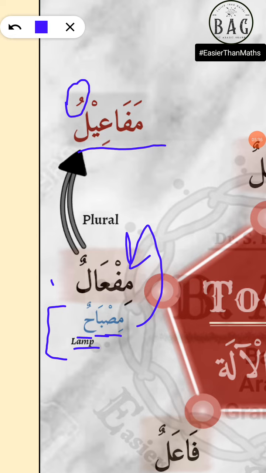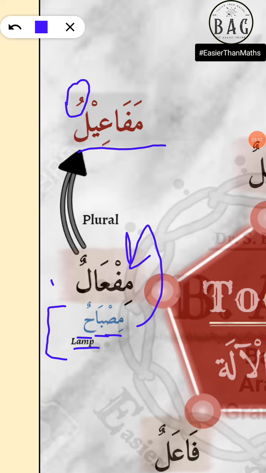Why? Because it doesn't carry a tanween, as a result of which it is ghair munsarif. And yeah, mafa'ilu is jama mukassir, ghair munsarif. And that is a plural of anything that gets made with the pattern of mif'alun.